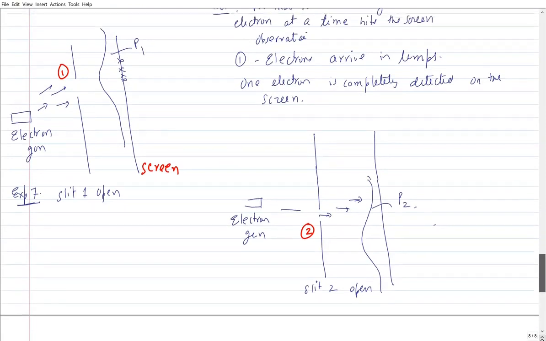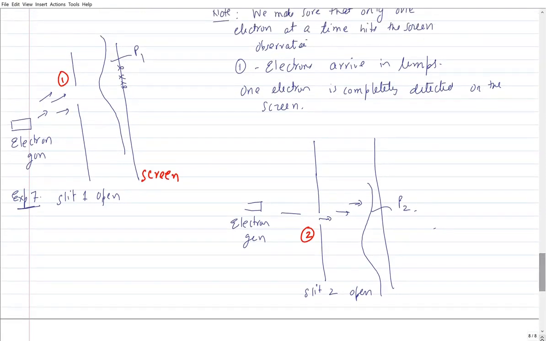Now I do my final experiment, experiment 8, where I open both the slits. Slit 1, slit 2, I have an electron gun.